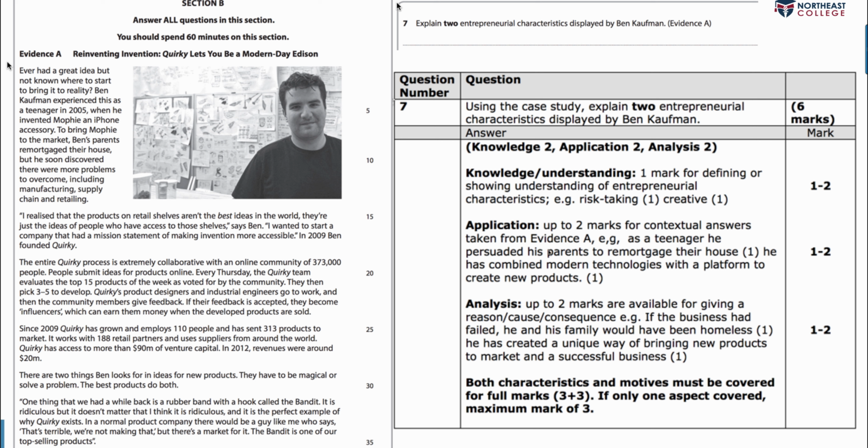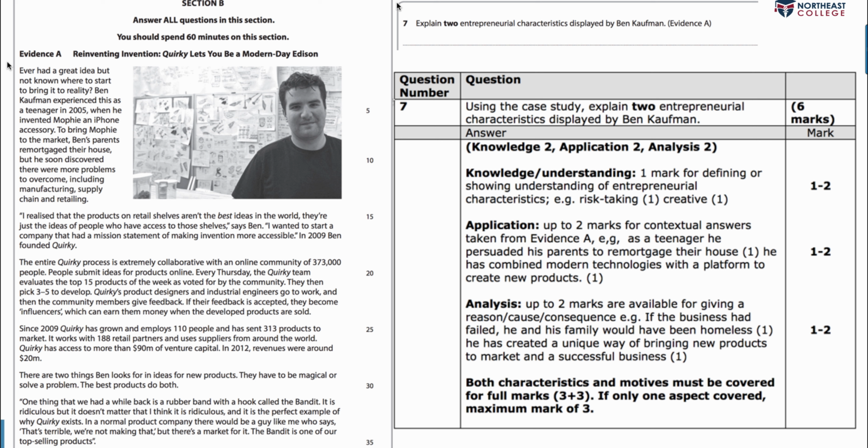So this is a positive one now. Being creative will make him produce new products and lead to success. So you can see they talked about the advantage of the second one, and the disadvantage of the first one. It depends on where you want to tackle the question, but so long as you're making sense, okay?